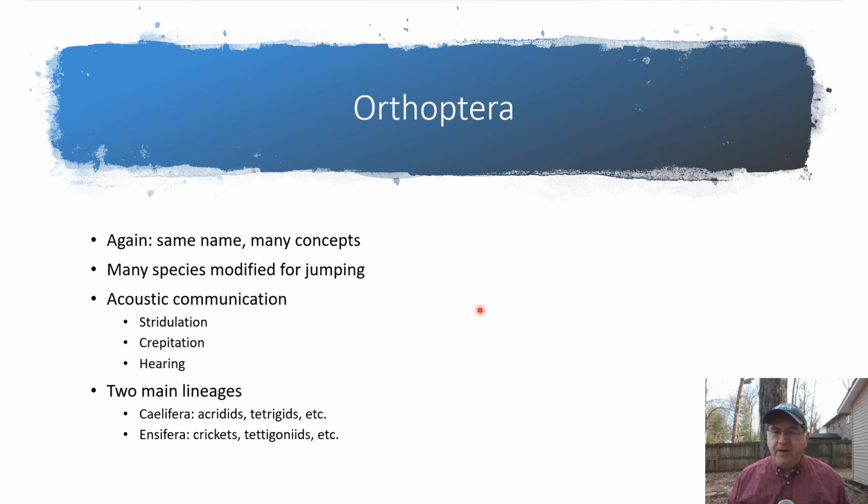If the substrate vibrates, it causes the legs to vibrate, and then that vibration crosses the membrane within the leg, and there's a nerve that inserts on that membrane, which can transduce the motion of the membrane into a neuronal signal that it then interprets.